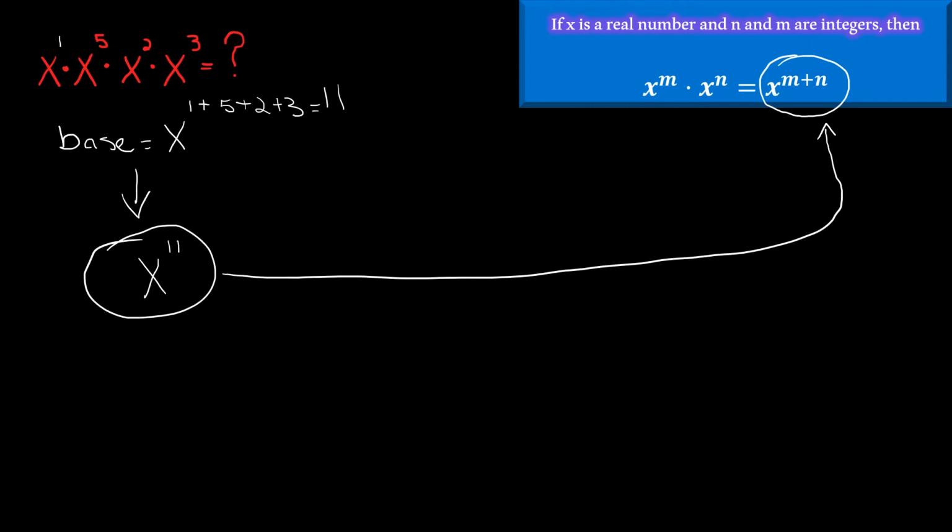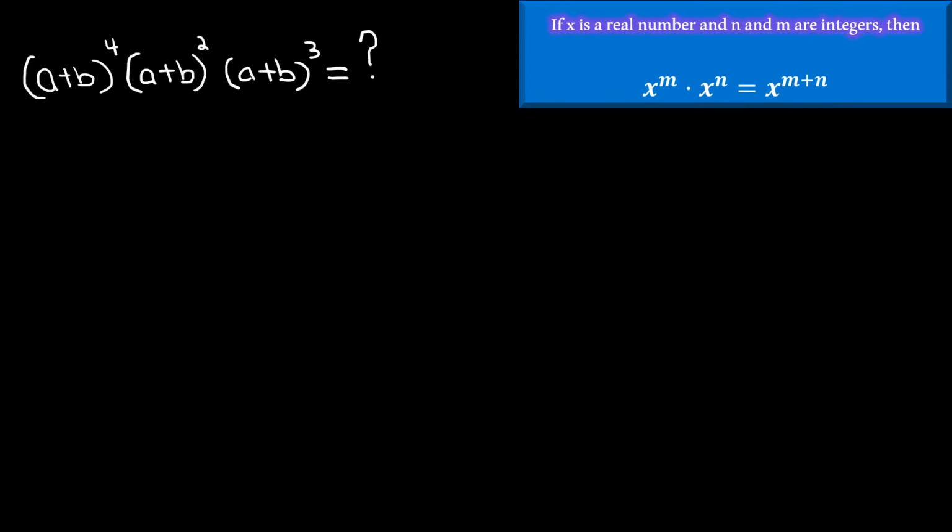Let's go to the next one. Do not be alarmed. Just because you see some a plus b inside parentheses, it's still the same technique. What is our base? Our base is a plus b. And we have three bases up there that have exponents along with them.